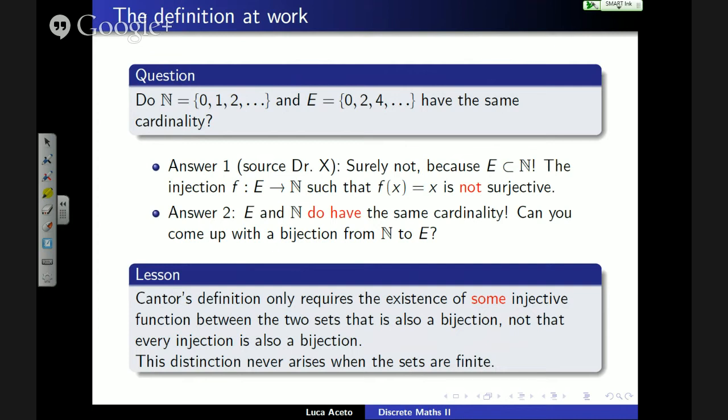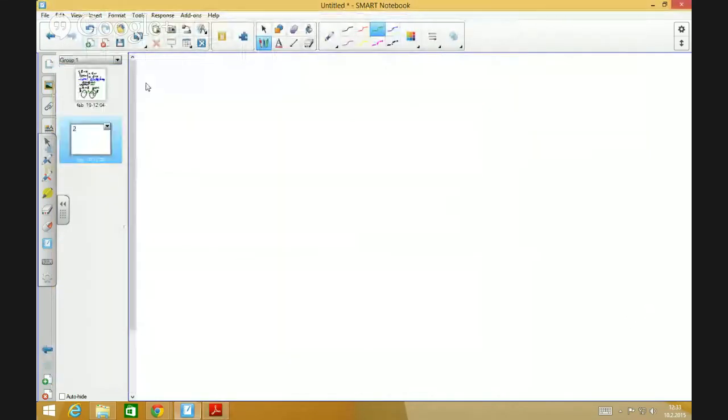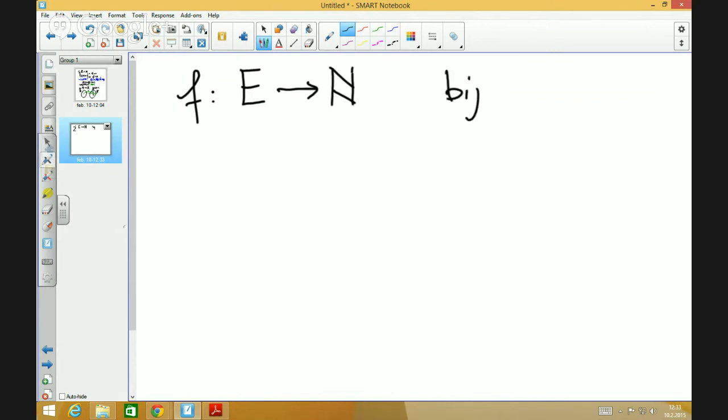Now you may say, what is this bijection? Well, let's work it out together. What we want is a function f that goes from the set of even numbers to the set of natural numbers. And this should be a bijection.